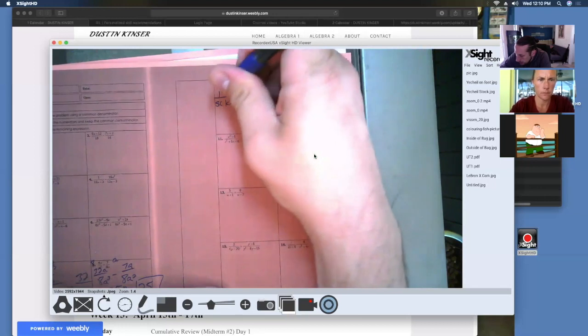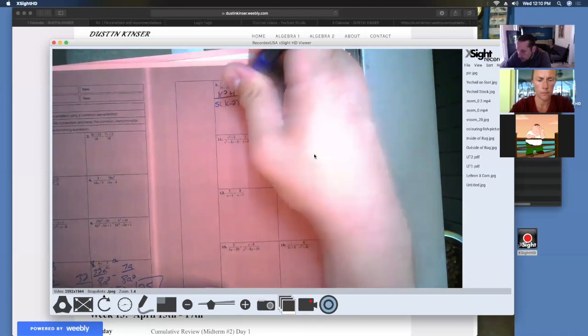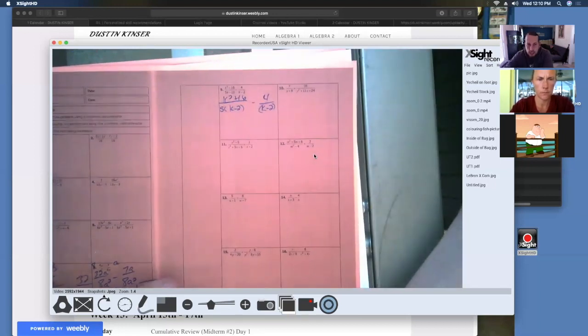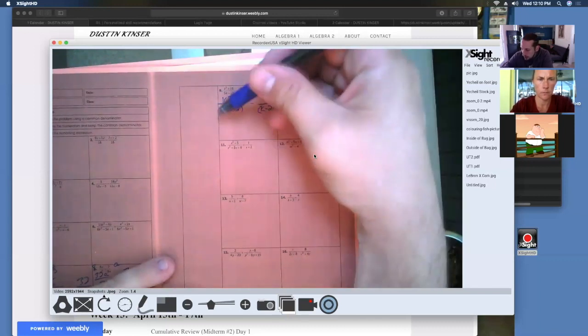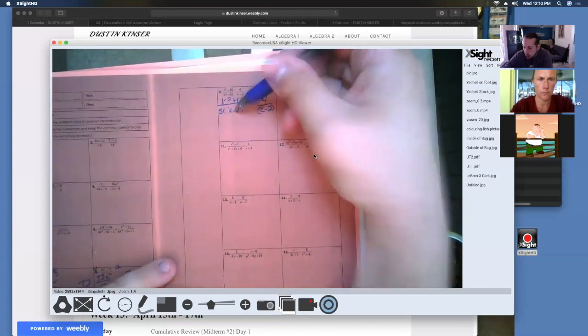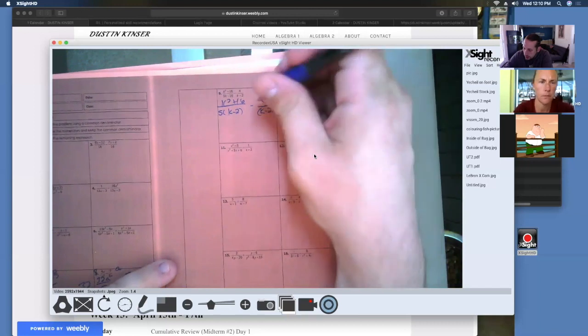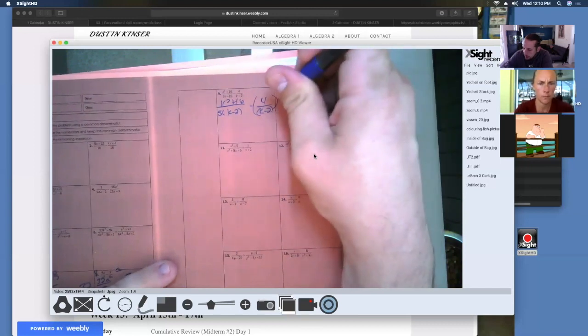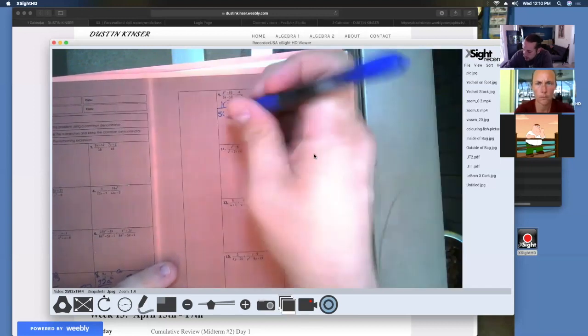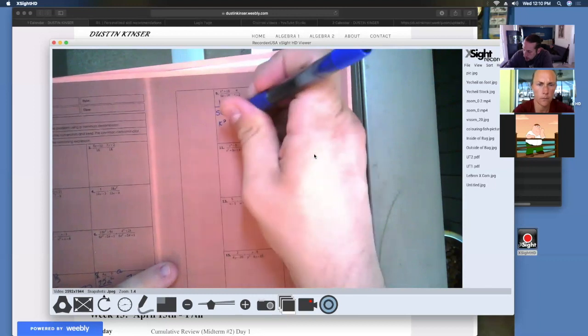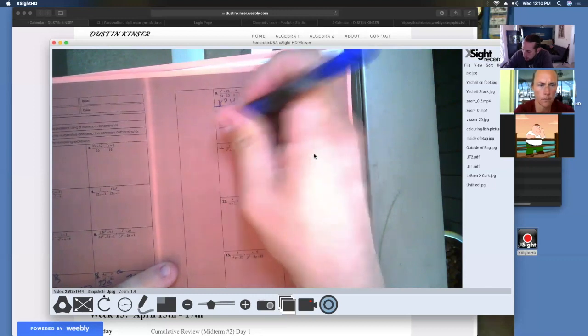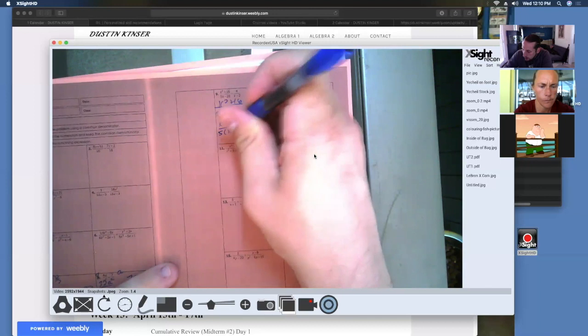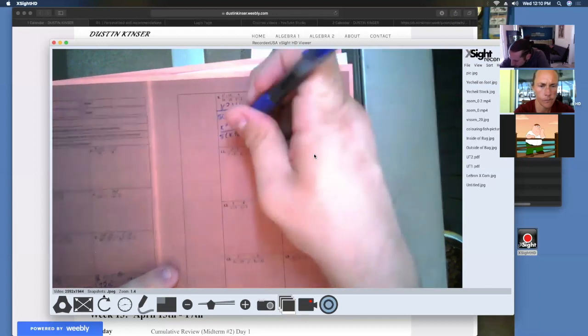So you can see my lowest common denominator is 5 times k minus 2. All I have to do is multiply this side, top and bottom, by 5. So I'll get k squared plus 16 over 5 times k minus 2.